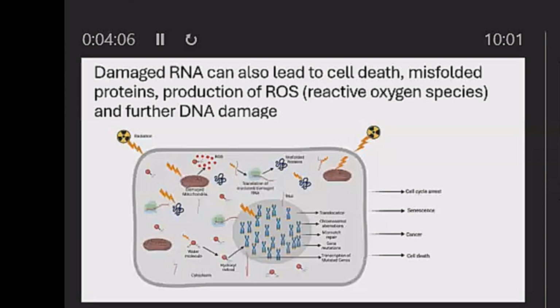Also, oftentimes the radiation will also damage the RNA and the mitochondria. So you have damaged DNA, mitochondria, RNA, and this typically leads to misfolded protein, right? So the cell starts to not function. It starts to produce these misfolded proteins.